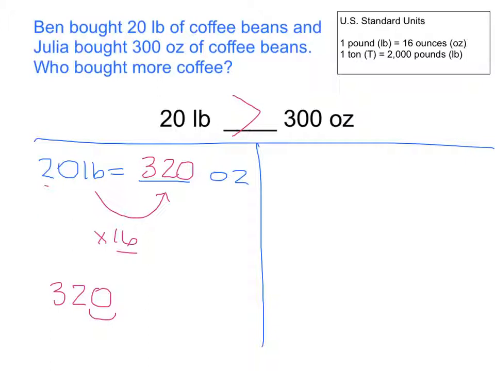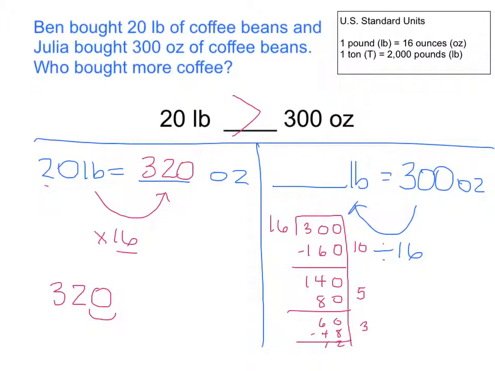But let's say you had wanted to solve it the opposite way. Let's say you had said to yourself, some number of pounds equals 300 ounces. And you solved for that. Well, in this case, you would need to go from ounces to pounds. You would need to divide by 16. So you would need to set up the division and solve for that.